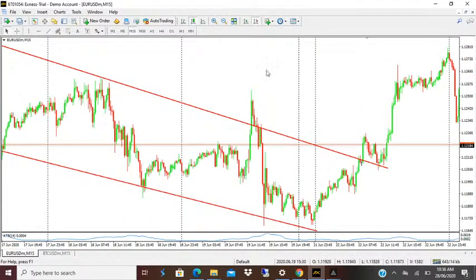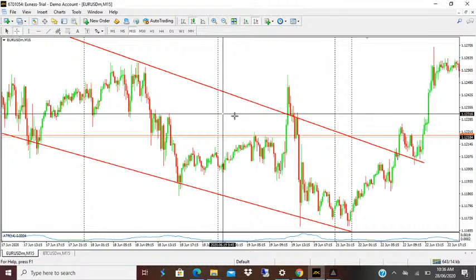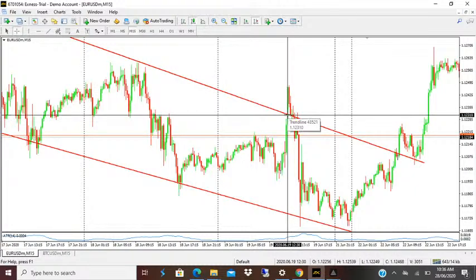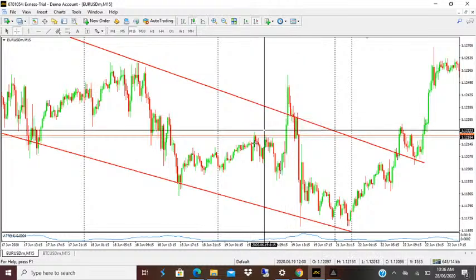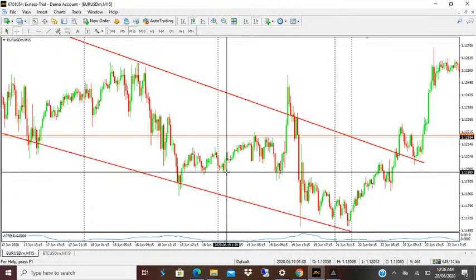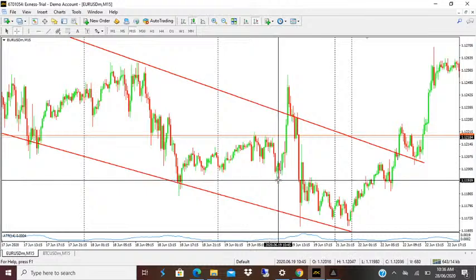Let's put that small. And my entry was probably here, chasing the bull candles. So let's see on an average how many pips the market has moved from the down to the upside.